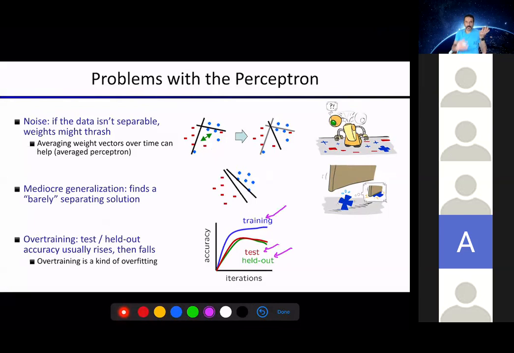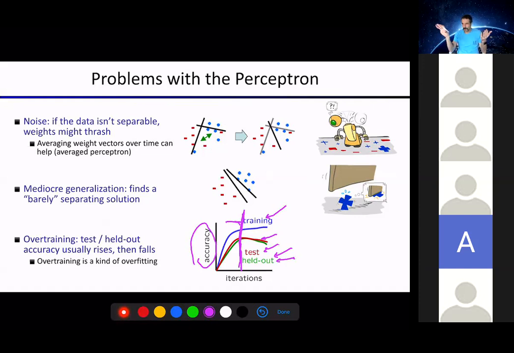Obviously, we want to increase our accuracy over the training data set as we go, but we do not want to go forever. We want to stop somewhere. This is basically a good place to stop. We don't know about the test set, or at least if we have a test set, we should not look at it. But we can use held-out data during our training.